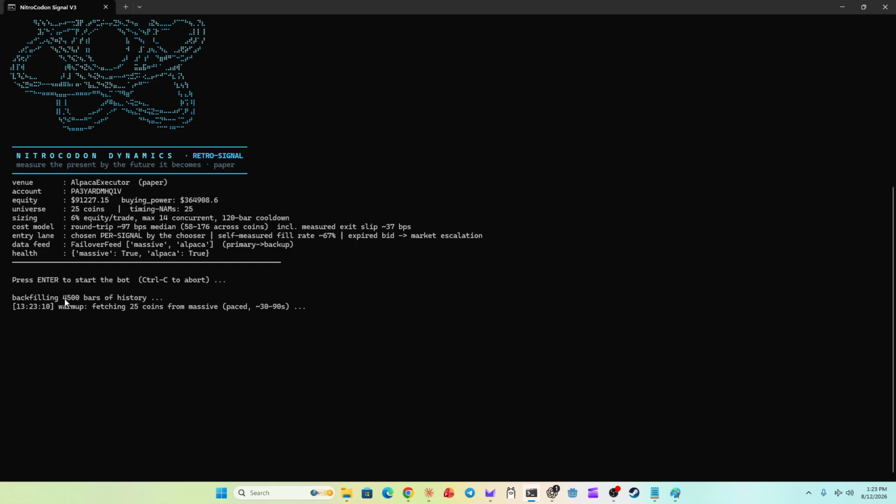So it says 4,500 bars, but those are 1 minute bars. So it loads that up, and then that's what it starts to look at whenever it is making the guess of whether it should buy in or not.